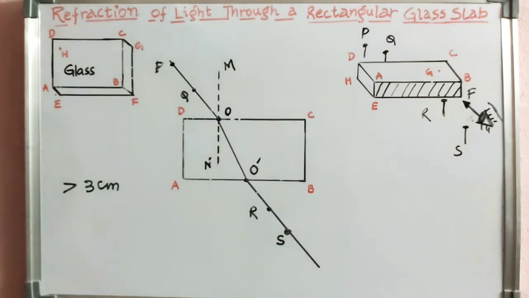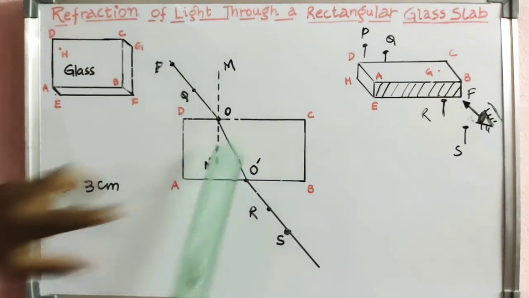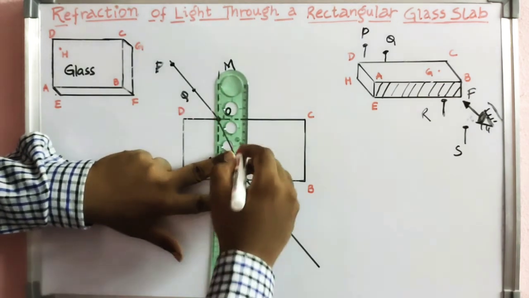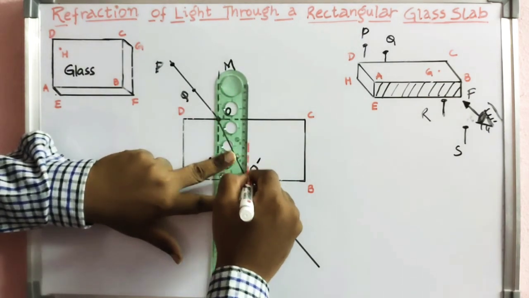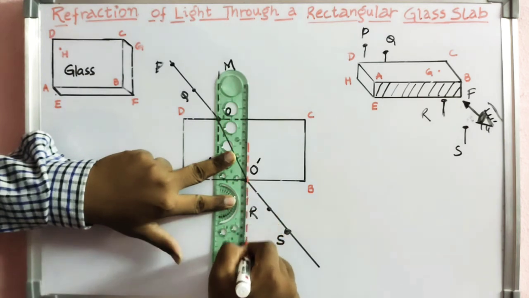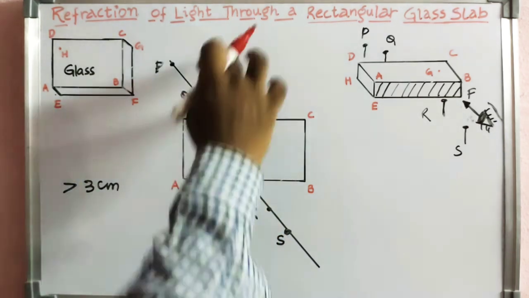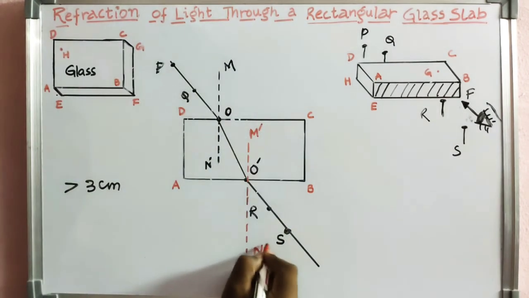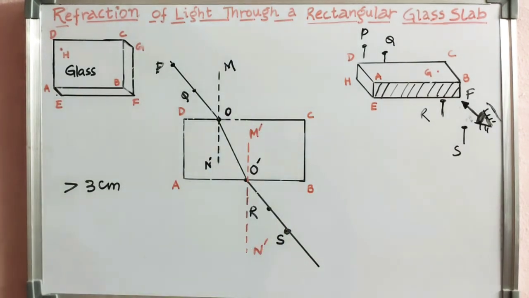So at the point O dash, you will again draw a normal. Draw the normal there. Let us name the normal M dash, N dash. This is what you will get on the sheet of paper.